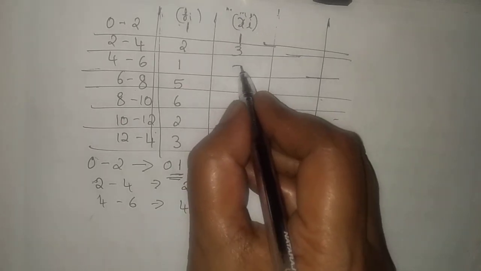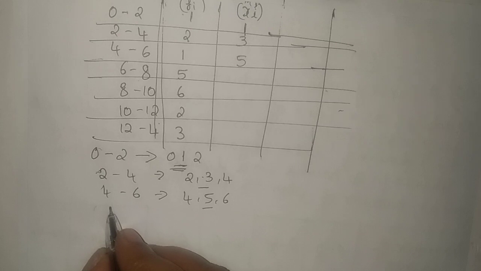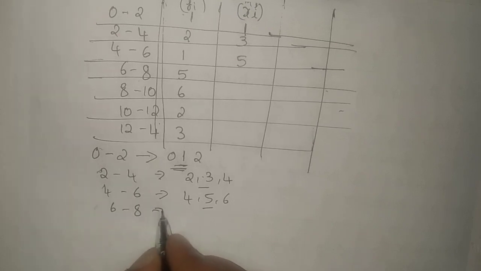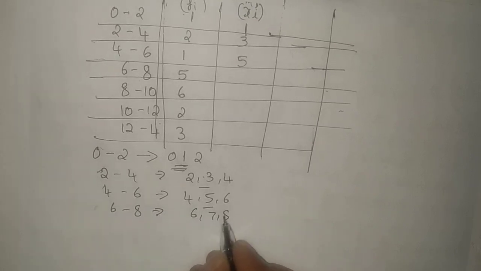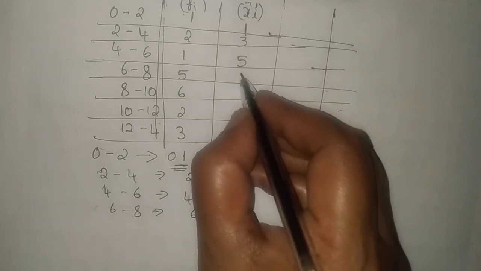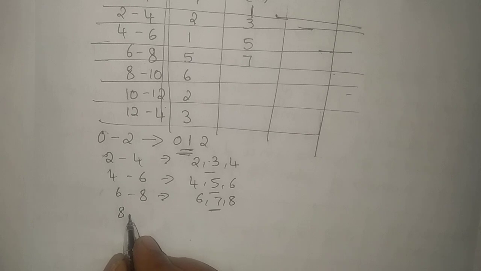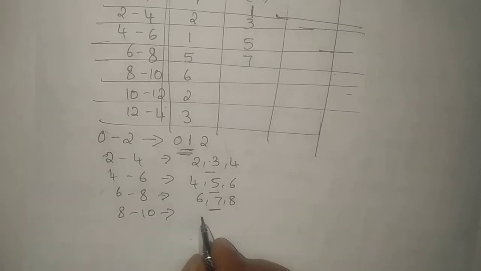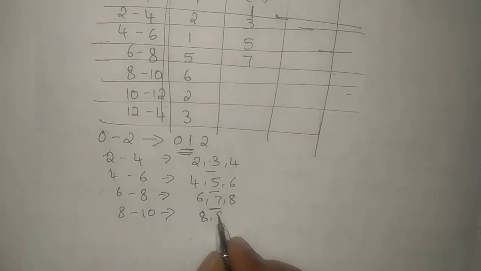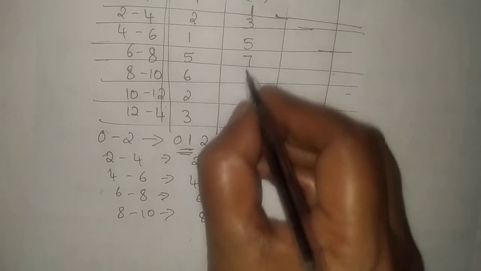Write down 5. Then 6 to 8 is 6, 7, 8, so it is 7. Then 8 to 10 is 8, 9 and 10, so 9.